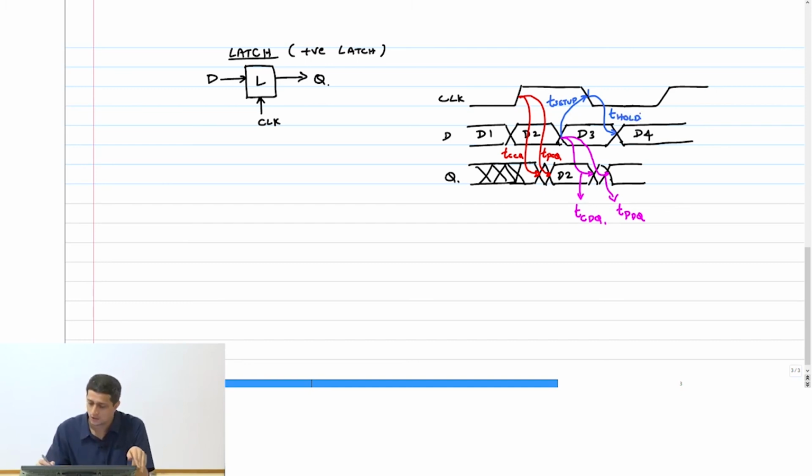Okay. So effectively what happens is at that sampling edge, D3 will get sampled and appear at the output. The change to D4, what should happen there? It will not go through because now the latch is opaque, right? So I will also indicate here the latch is transparent.